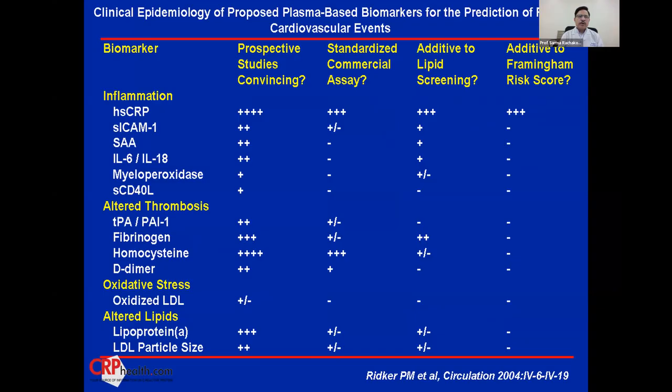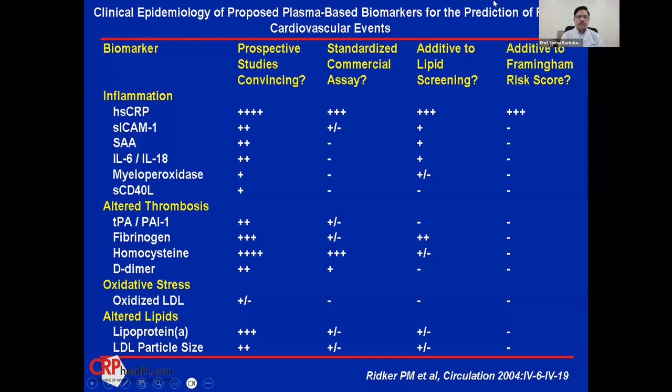This is a beautiful summary study. Biomarkers: HSCRP, ICAM, serum amyloid A, interleukin 6 and interleukin 18, myeloperoxidase, sCD40 ligand, altered thrombosis, all the factors are listed. You can see prospective studies, standardized commercial assays, additive to lipid screening, and then additive to the Framingham risk score.